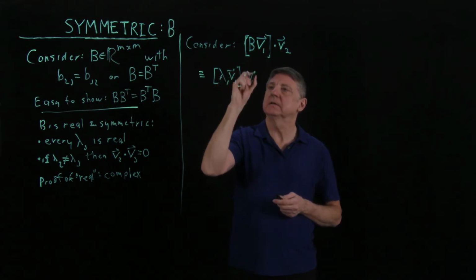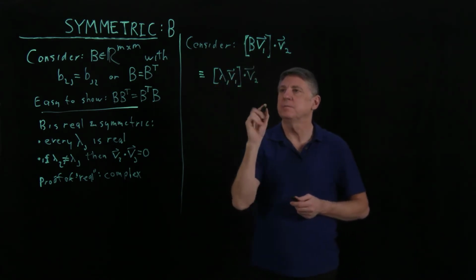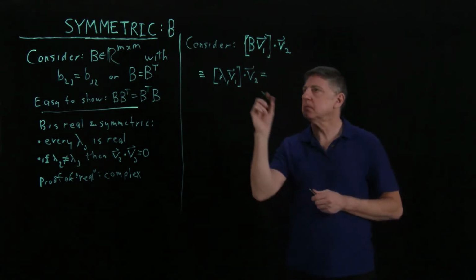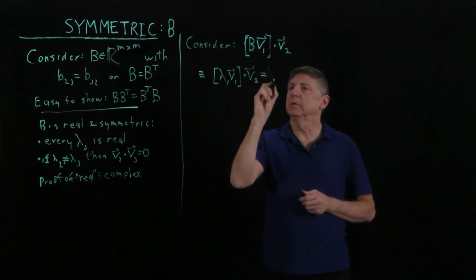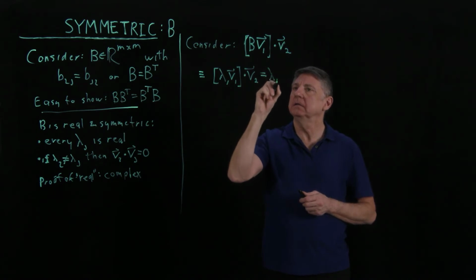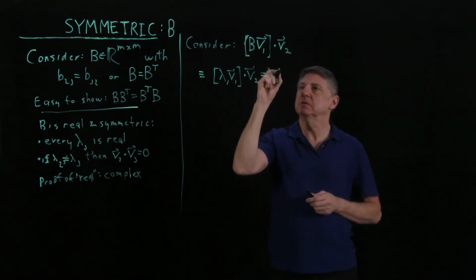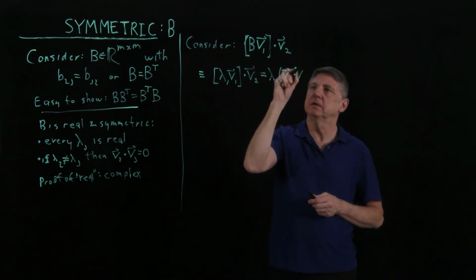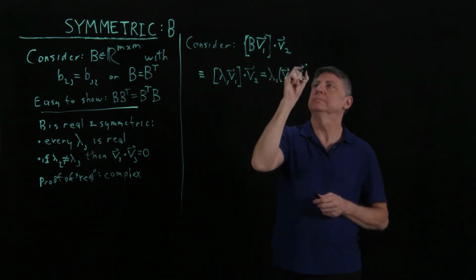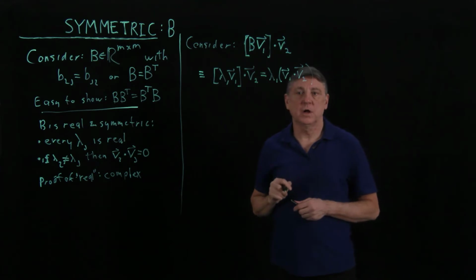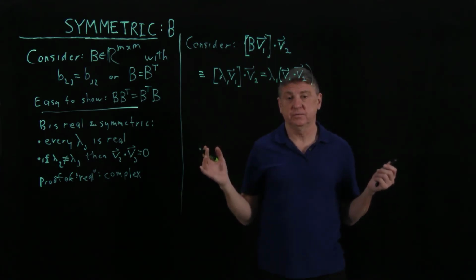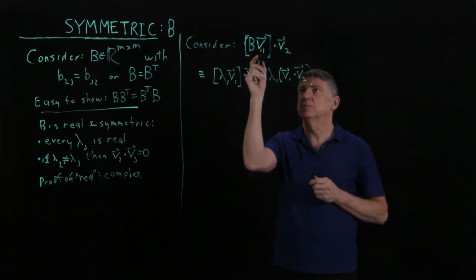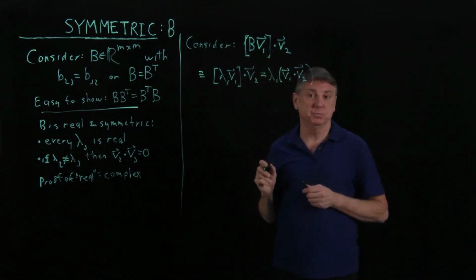dot V2. And so that must equal lambda 1 times V1 dot V2. Well, another thing that I could do is I could expand V2.